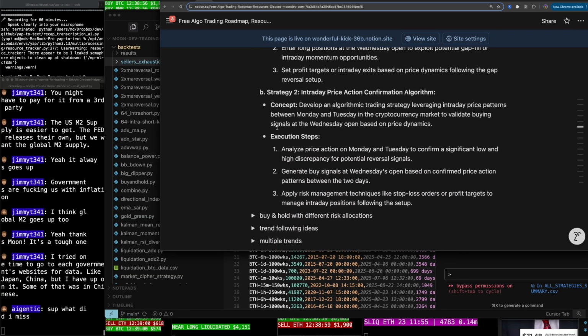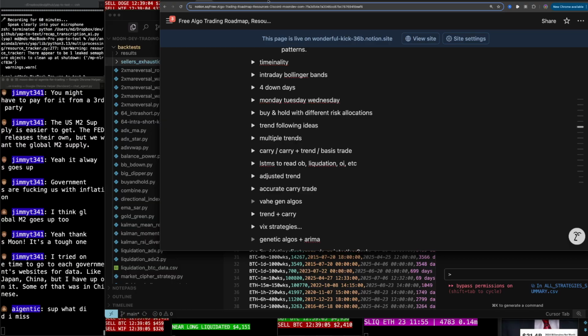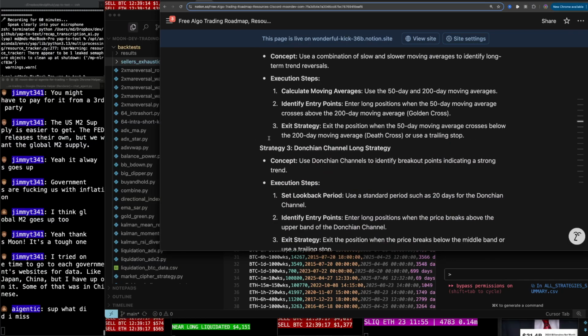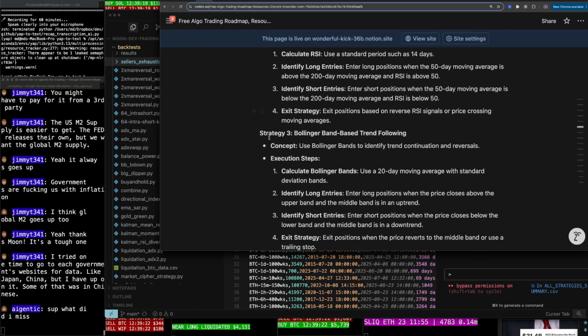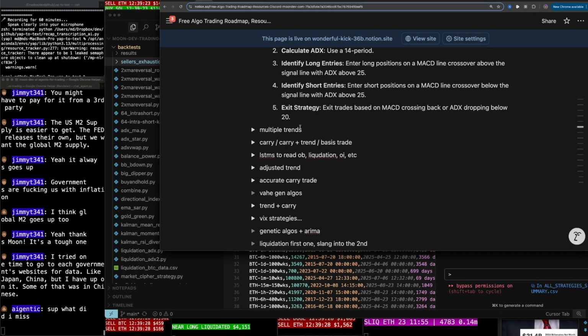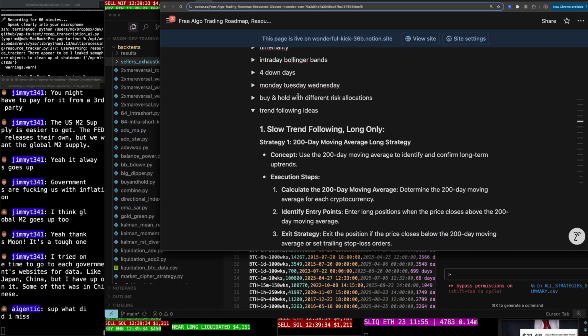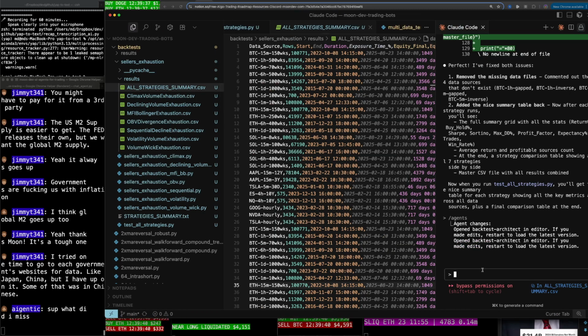Intraday price action confirmation. This roadmap is free, by the way. Just go to the website. Okay, these are a bunch of trend following ideas that I have written about earlier. There are going to be some simple ones in there, but that's cool.